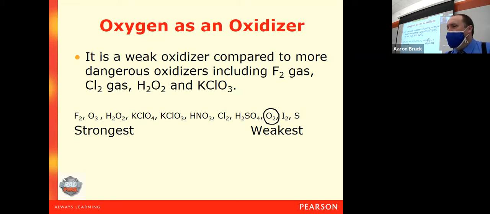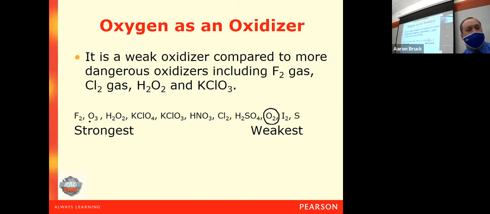Nasty stuff. Luckily for us, that effect usually doesn't take hold until we're at relatively high concentrations of nitric acid. But nonetheless, that's what it does. And so some of these substances, you've got to be really, really careful about.